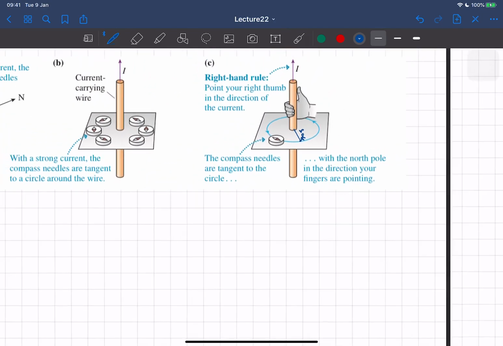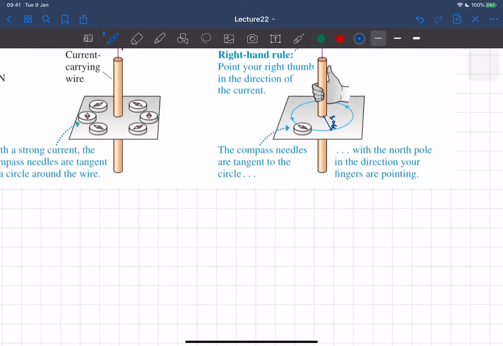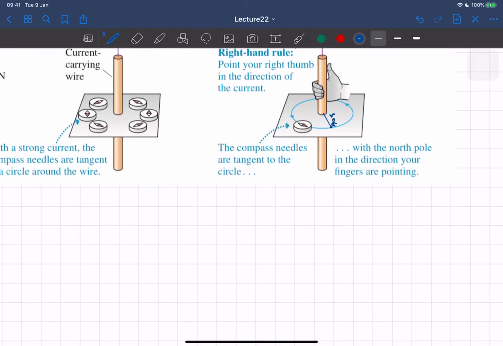So to apply Ampere's law, sorry, I'm trying to give myself a nice space here. So we need to do the integral of B dot dl, right? And that's going to be, again, the magnetic field dot with the direction that you're walking. But for our case, B and dl are always in the same direction.